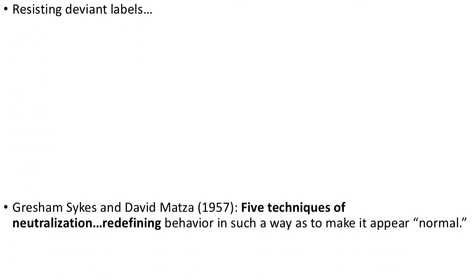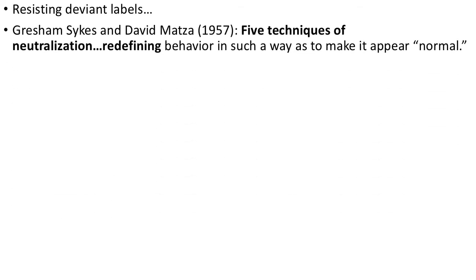label. But sometimes people also try to resist or reject deviant labels, and that's where we start to talk about Gresham Sykes and David Matza. In your book, there's a discussion of the work of Sykes and Matza and their techniques of neutralization.